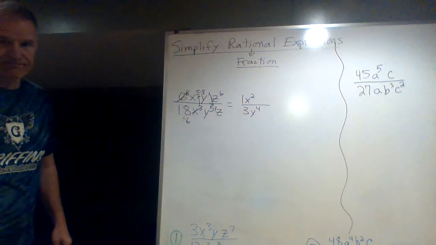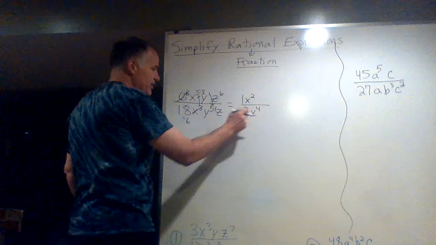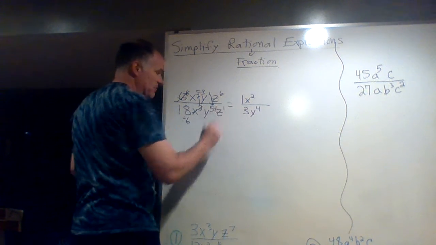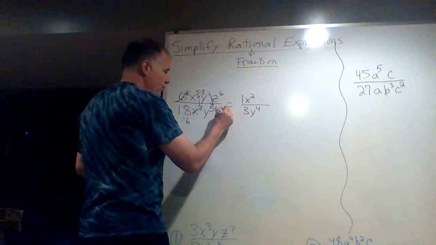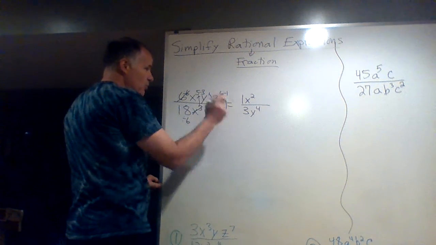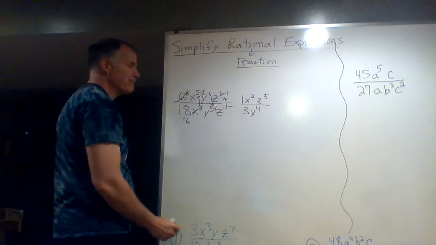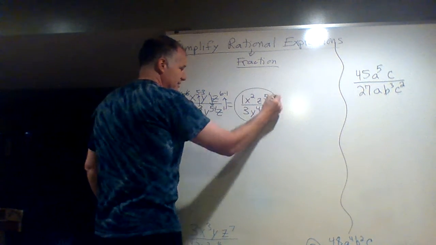Everybody see that? So I've got x^2 in the numerator, I've got y^4 in the denominator. Now again, z doesn't have an exponent on the bottom, so I put a 1. The 1 goes up and subtracts from the 6. 6 minus 1 is obviously 5, so z^5, boom. That is our answer right there.